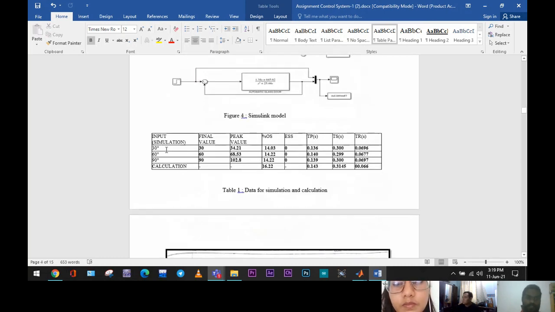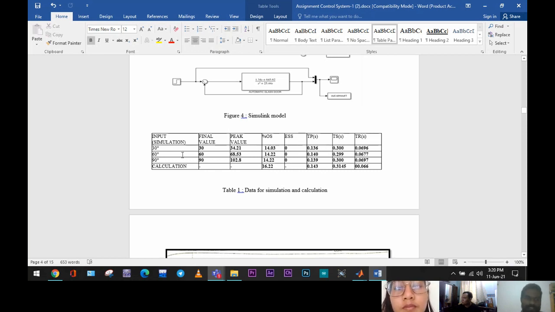for the table, we are using 30 as input, so we obtain a final value of 30, which gives 0 percent difference between input and output, so ESS is 0. The peak value that we obtain is 34.2. And also what Nabil already explained, the TP, TR, and TS values, we have stated here.